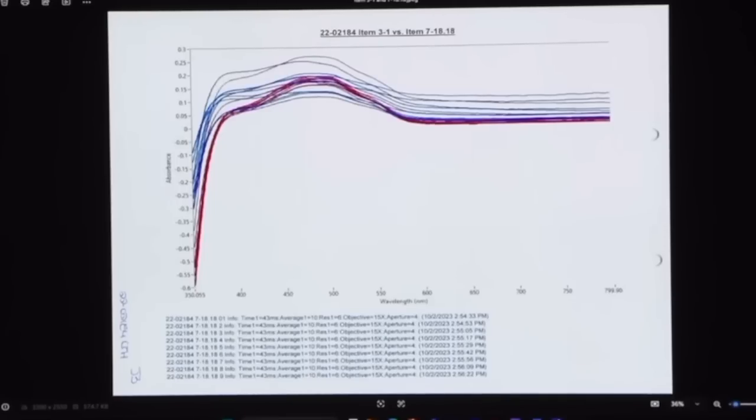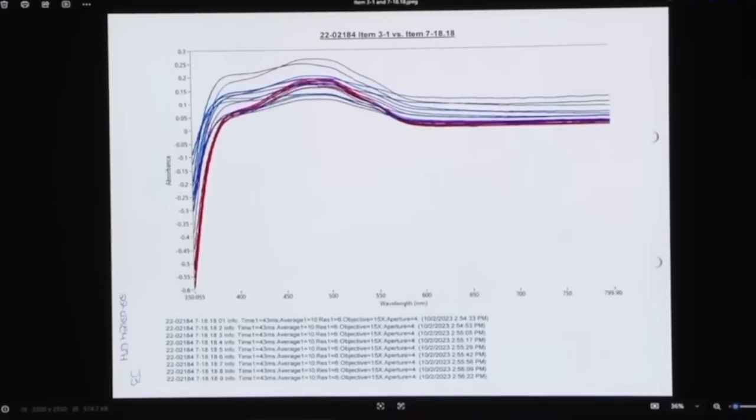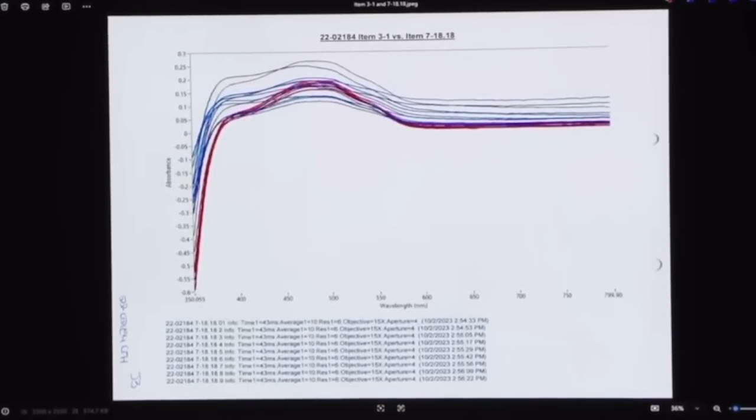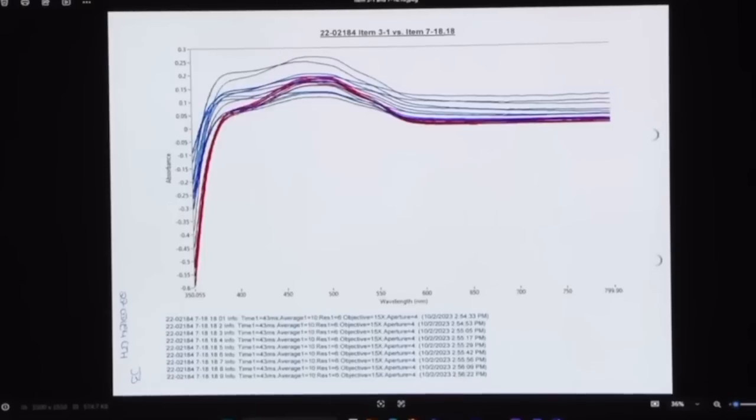So these are the samples that I ran from item 3-1 and 7-18.18, and the spectra are overlaid in order to look at it and to determine whether they have a consistent or not consistent pattern.